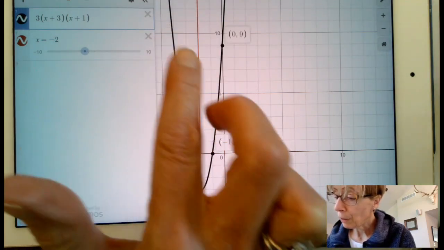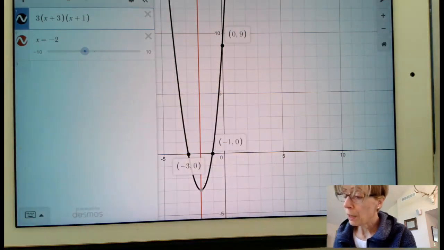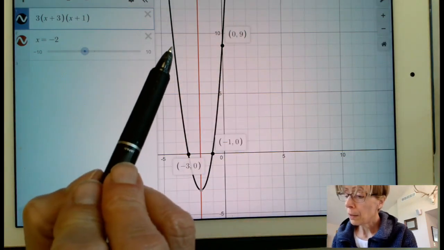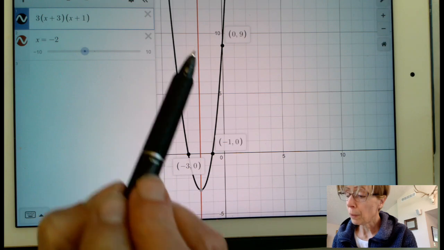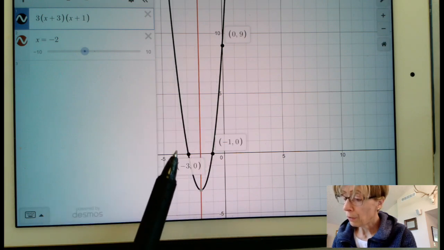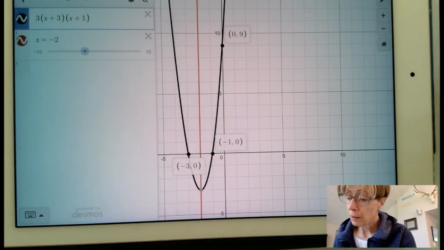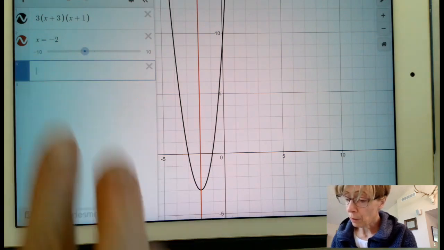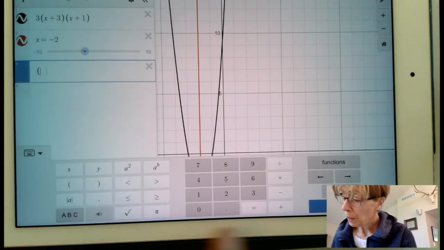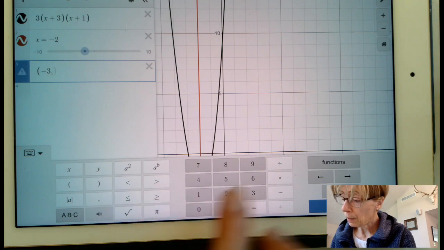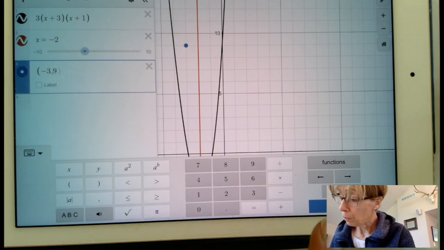There we go, and there's our point. If we folded it along that red line, the y-intercept would land on that blue point.